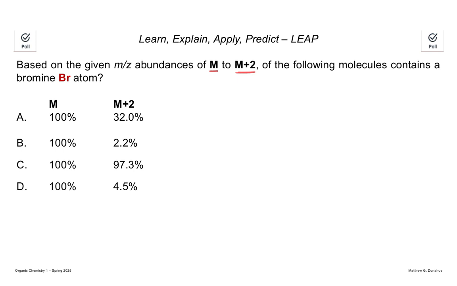It's not telling you the mass, it's just telling you the ratio of the parent to the parent plus 2. So based on those abundances, which answer do you think would have a bromine in the molecular formula? So it's going to be C. The parent at 100 and the parent plus 2 at 97. That's a 1-to-1 ratio.